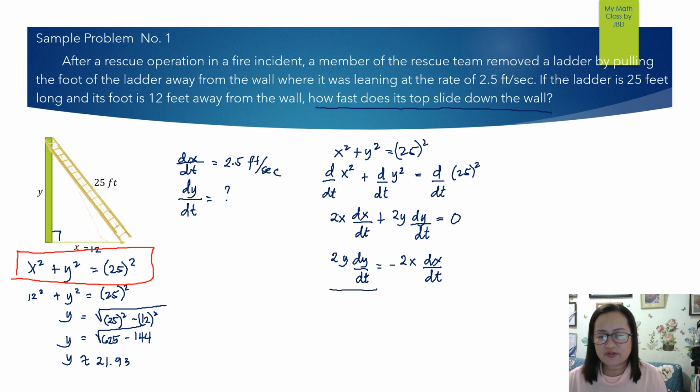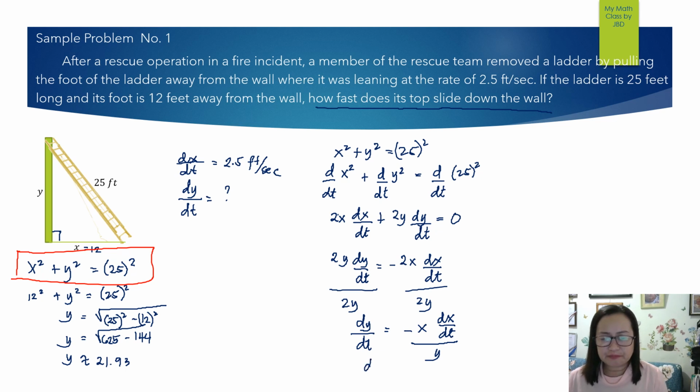And then solving for dy/dt, we divide by 2y. So dy/dt is equal to negative x dx/dt over y.